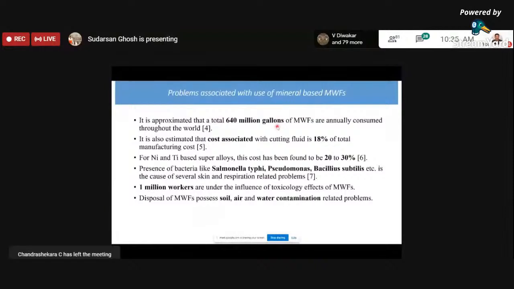Now these mineral oil based metalworking fluids, which are widely used in the metal machining industries, again possess some issues. A large amount of metalworking fluids are being used, almost 640 million gallons in the metalworking industries.